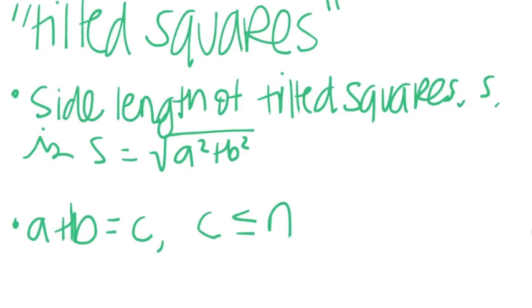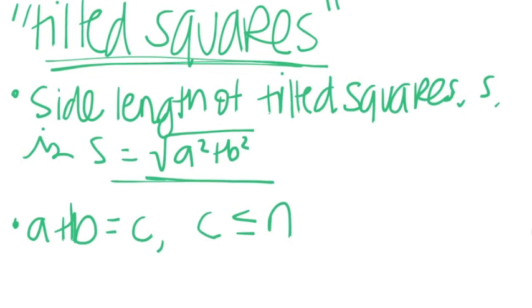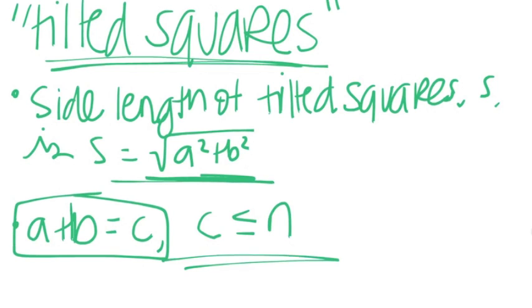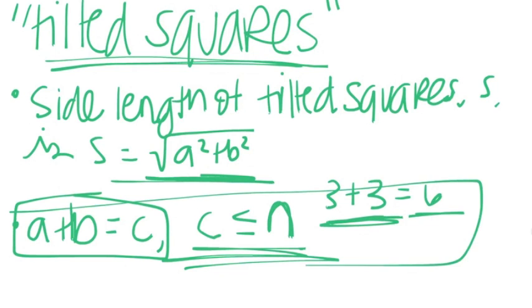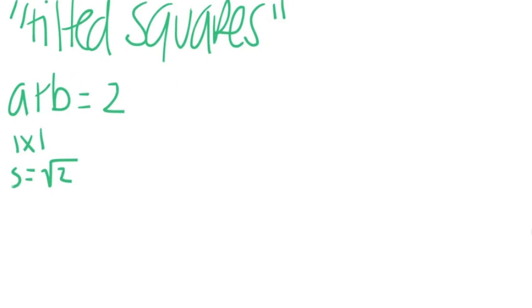The tilted squares, however, were a little bit trickier to figure out. Like I mentioned before, I knew that the side length of these tilted squares was the square root of a squared plus b squared, those little counting lengths I had, and that the sum of a and b couldn't be bigger than the side length of the larger square. So I decided to go to my table and see if I could find a pattern using this information. I started by looking at a plus b equals 2.